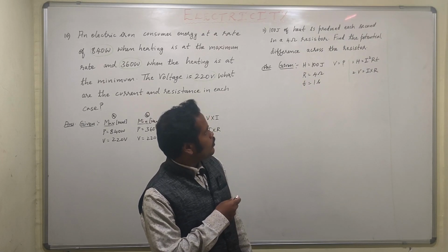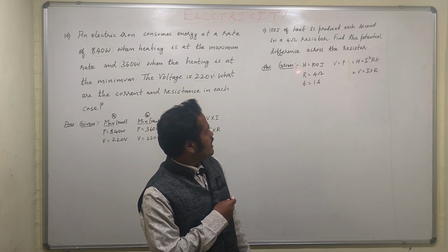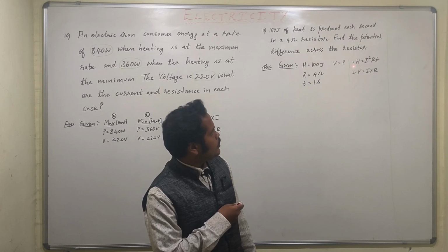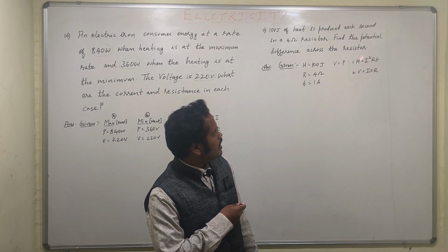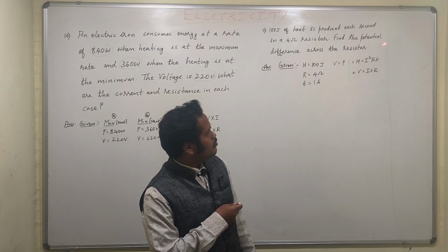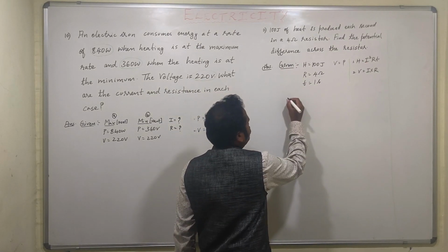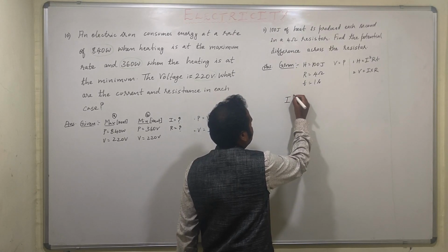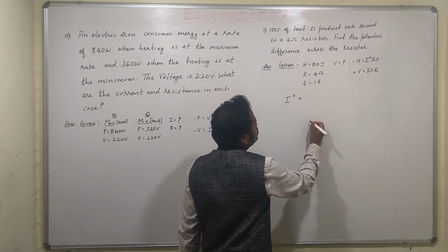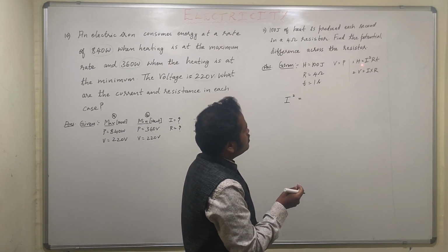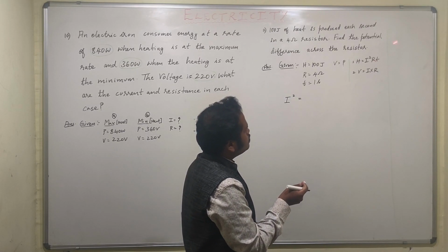Here in this question they have given us heat, resistance and time. So when H, R and T are given, we have to use the formula H is equal to I square RT to find out I. So here we will separate I. We will have I square is equal to H divided by R into T, as R and T will come down.